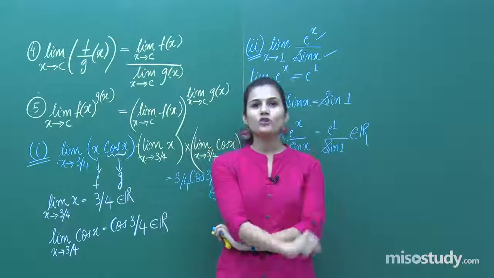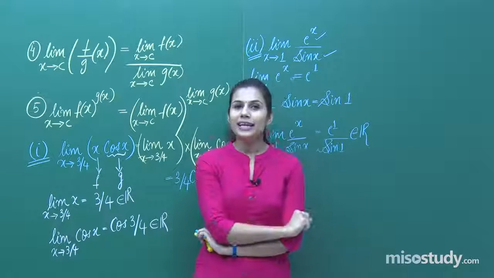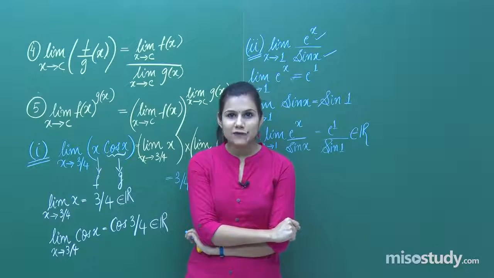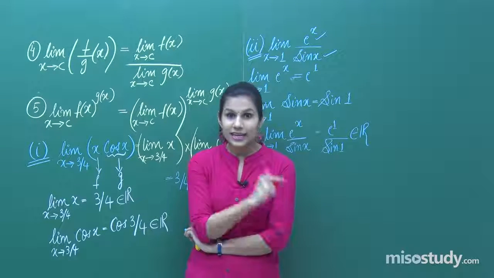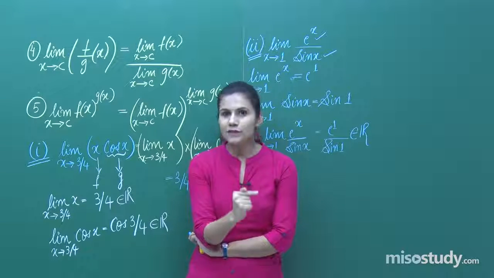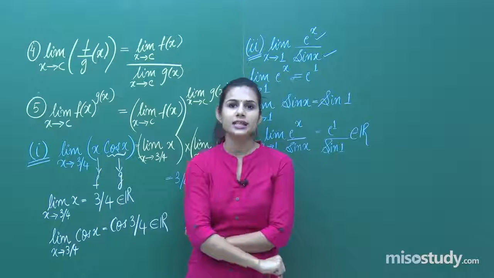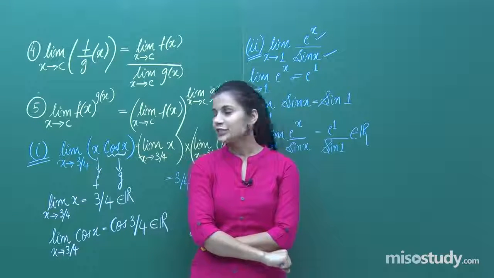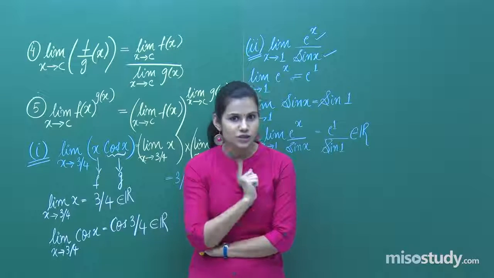Because it's not always true that just by merely knowing the individual limiting behavior of the two functions involved in the algebraic combination gives you sufficient information about the limiting behavior of the algebraic combination. It is not at all necessary, it is not at all a compulsion.